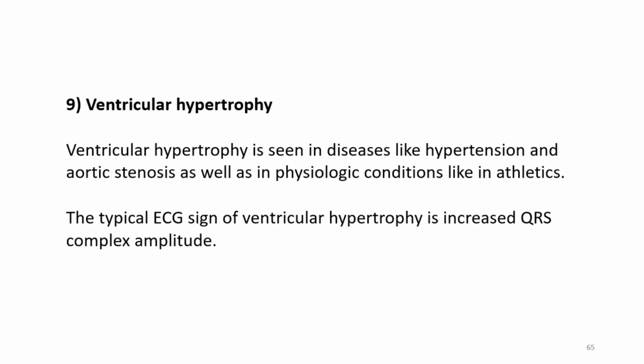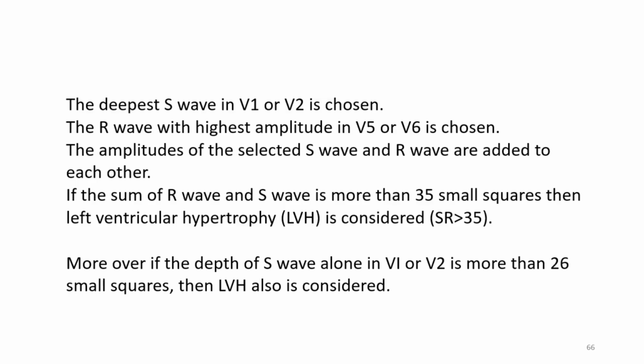Now ventricular hypertrophy. Ventricular hypertrophy is seen in diseases like hypertension and aortic stenosis, as well as in physiological conditions like in athletic people. The typical electrocardiogram sign of ventricular hypertrophy is increased QRS complex amplitude. The deepest S wave in V1 and V2 is chosen.